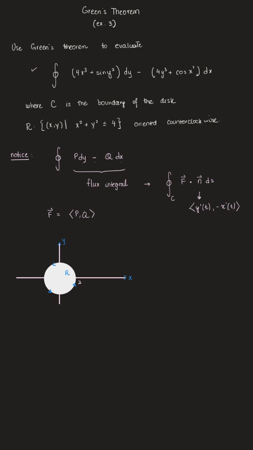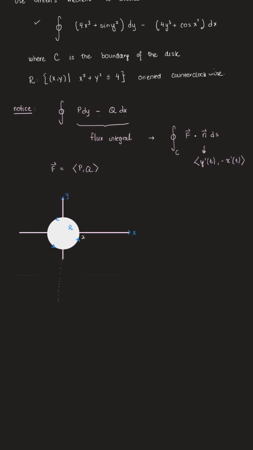Okay, so there's our region, and Green's flux form says the following. If we have a closed curve and we've got the flux form of a line integral, then this is going to be a double integral over our region of the divergence. So that's dP/dx plus dQ/dy.